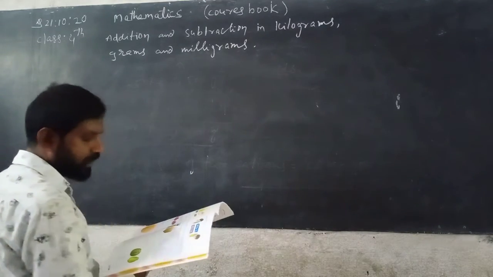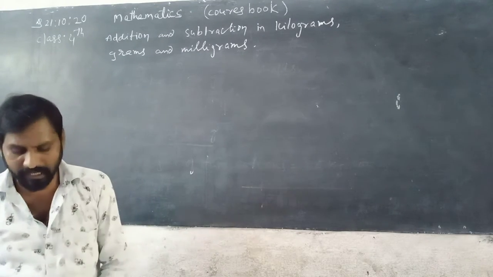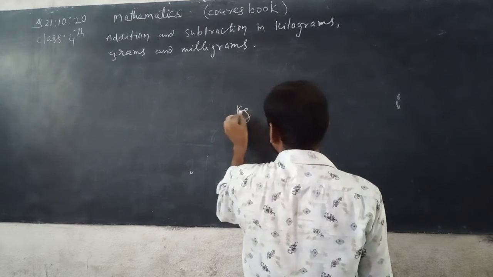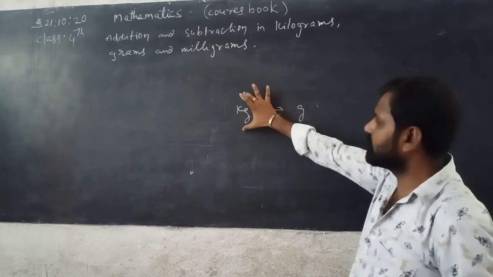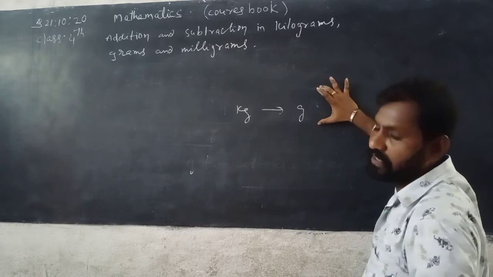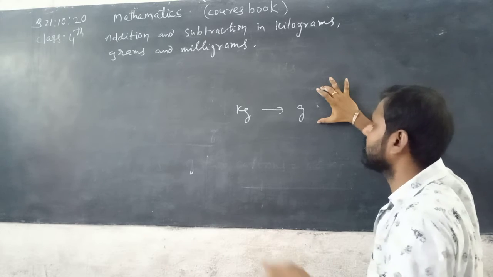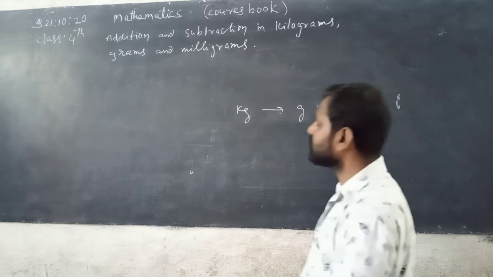To convert kilograms to grams, we need to multiply kilograms by 1000. Converting kilograms to grams means the larger unit is converted into the smaller unit. The given kilograms is multiplied by 1000 to get grams. Big to small.